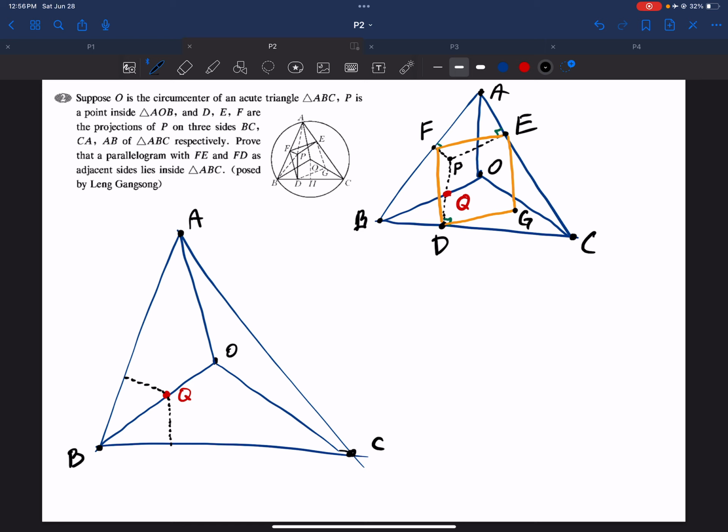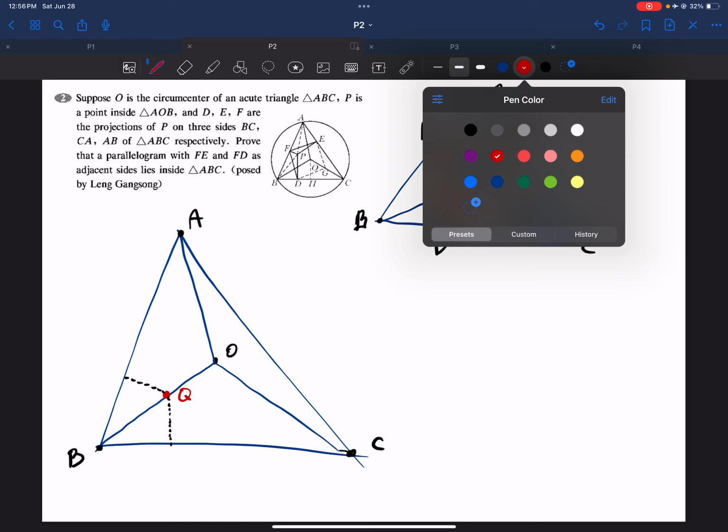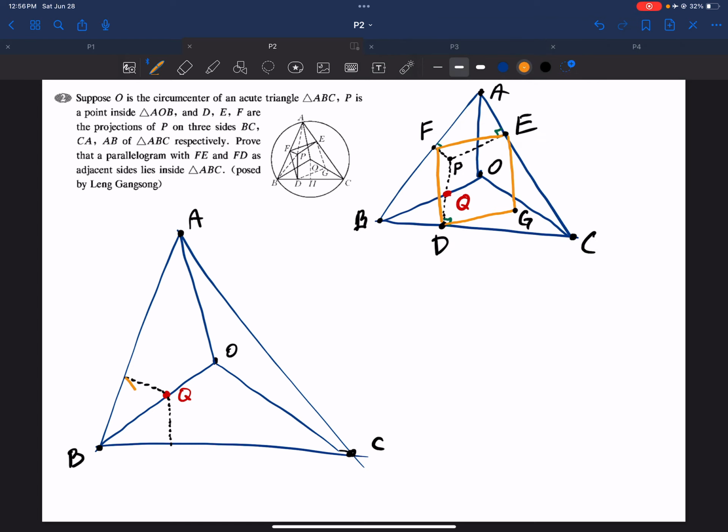And actually, I will not look at the third projection. I want to look at this one first, and then we have this segment. Well, okay, maybe I'll draw the other projection as well. Let's say that it's somehow like this, and so we'll have another segment here. But no, let me not overload the picture.